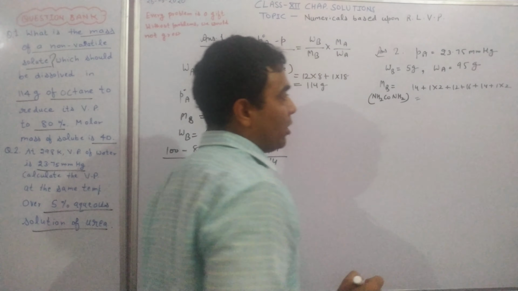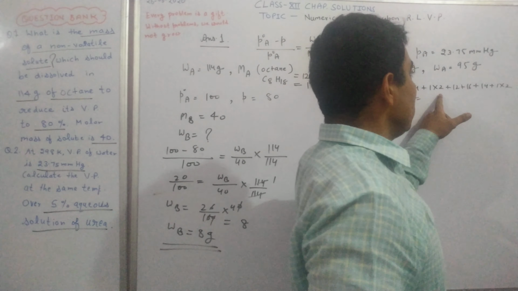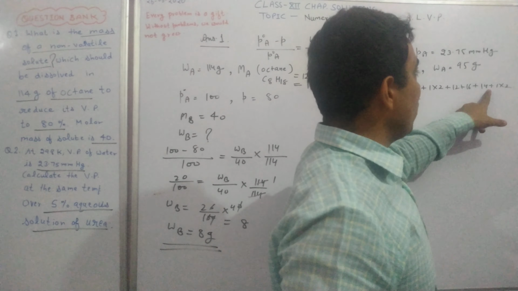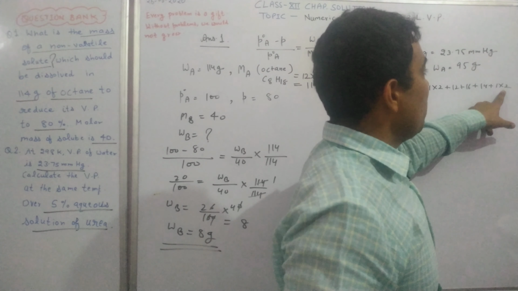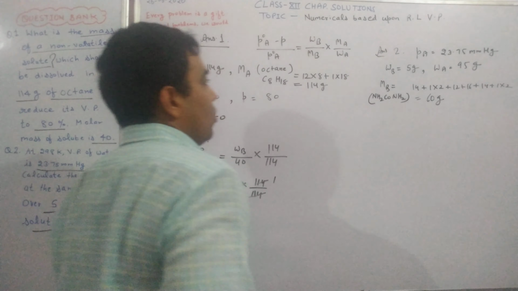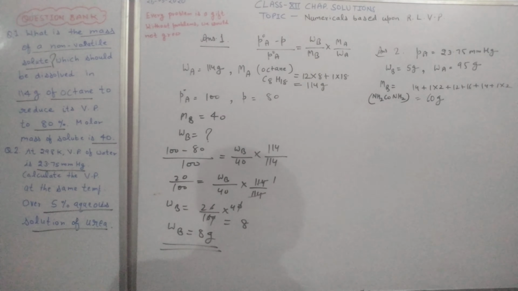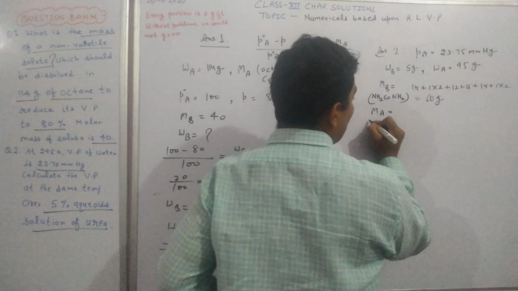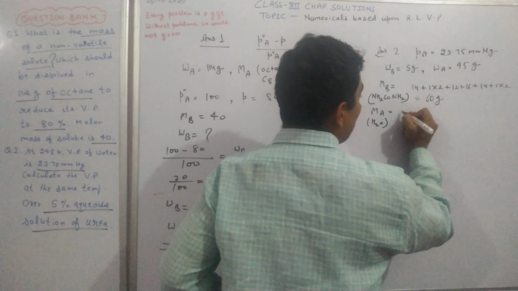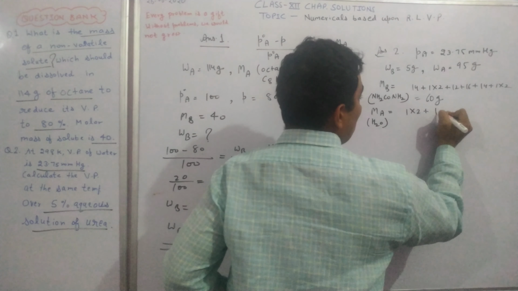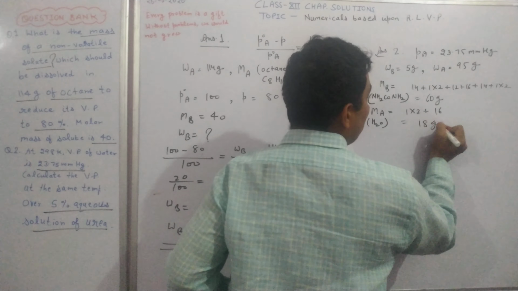So it will be 14 plus 2, 16 plus 12, 28, 28 plus 16, 44, 44 plus 14, 58 plus 2, 60. So it's 60 gram. So MB is equal to 60 gram, and because we are dissolving in water, molar mass of water, we know, is 1 into 2 for hydrogen plus oxygen 16, equal to 18 gram.